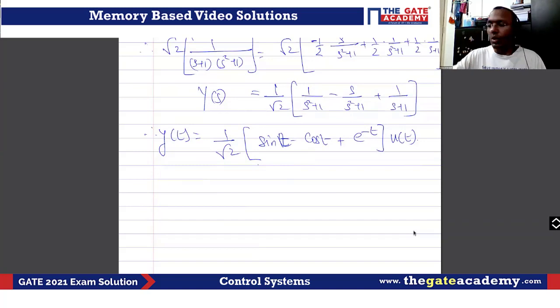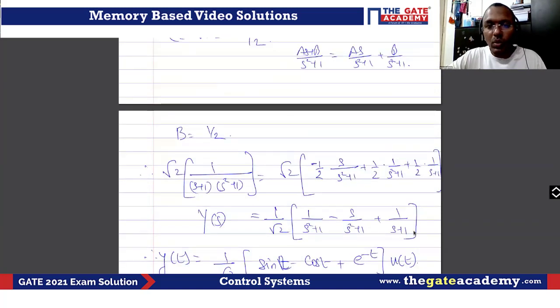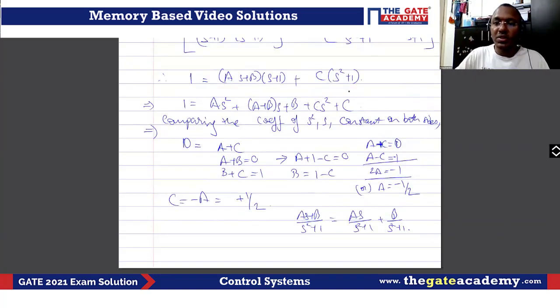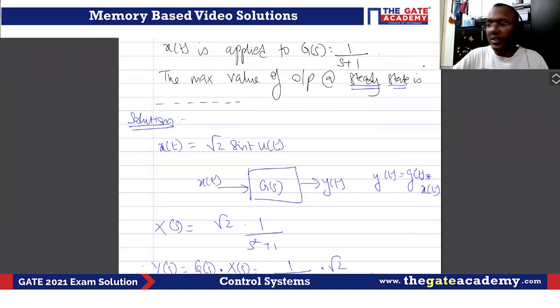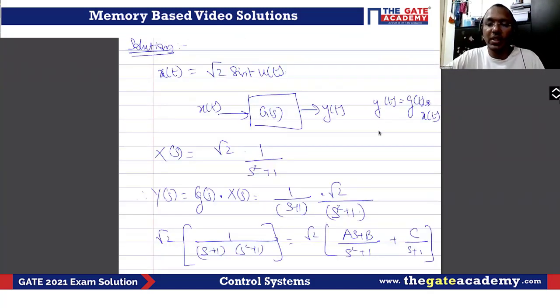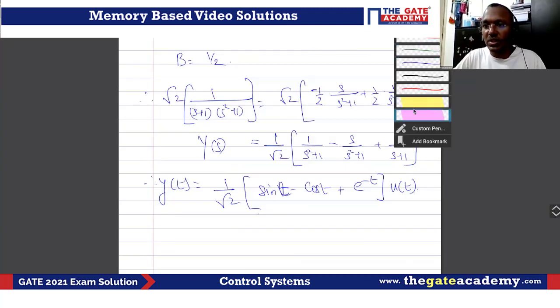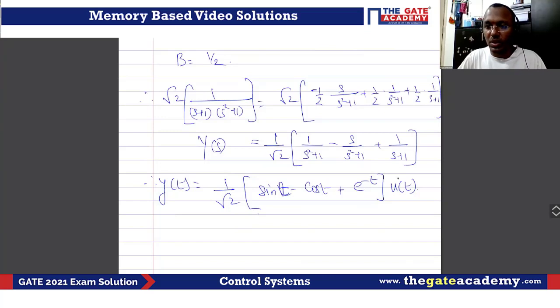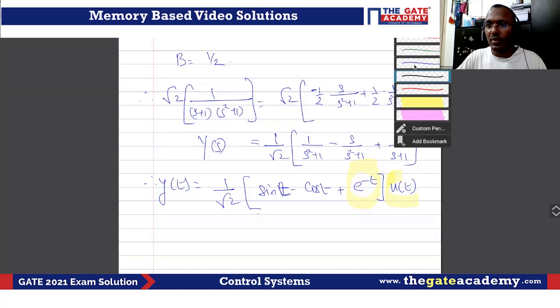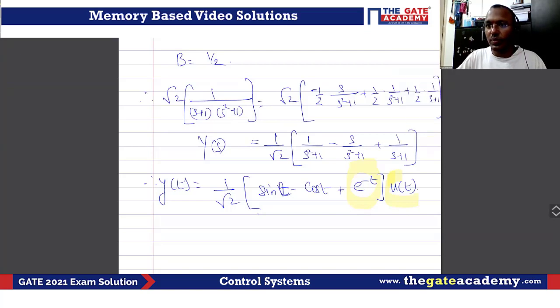So now, what is being asked? Steady state. Steady state means t tends to infinity. As t tends to infinity, clearly if you look at this, this e power minus t is going to become 0.